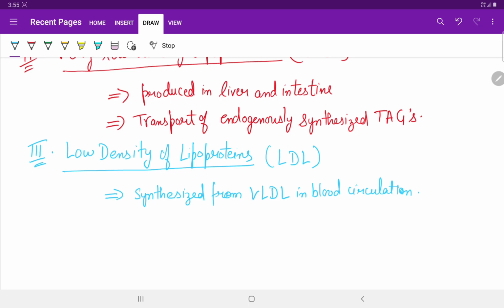And they help to transport cholesterol from the liver to other tissues, to body tissues.